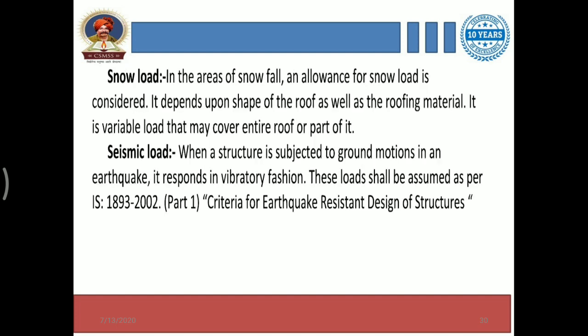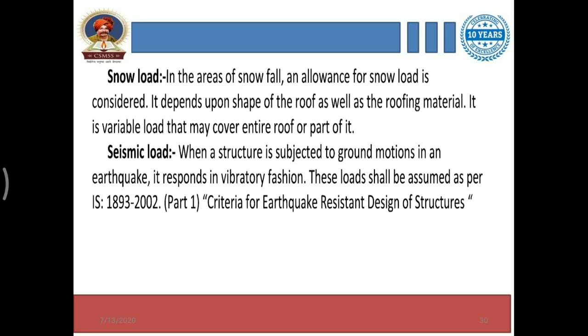Along with this, another important load is snow load in the areas of snowfall. Okay, snow load is particularly considered only in the areas of snowfall, and allowance for snow load is considered. Where the snowfall occurs, in those areas only snow load is considered when designing the steel structural members.